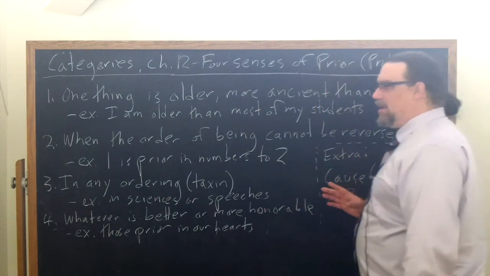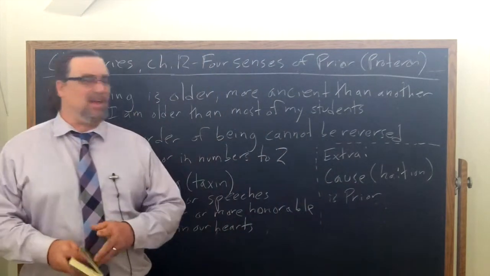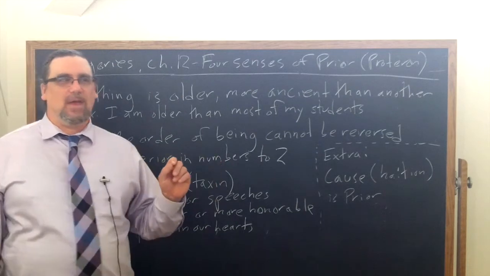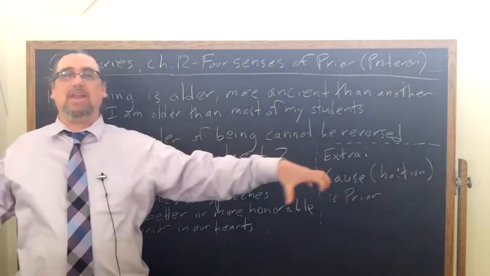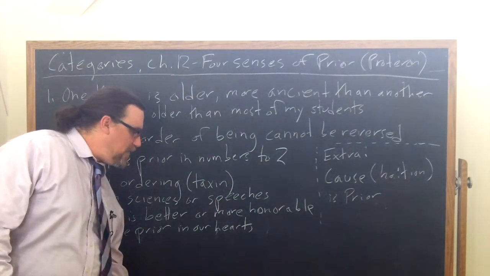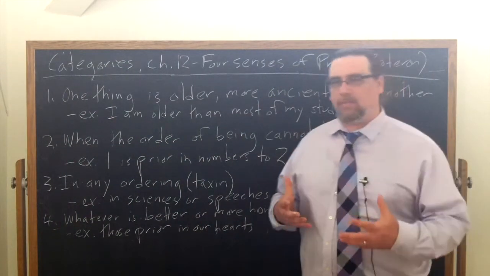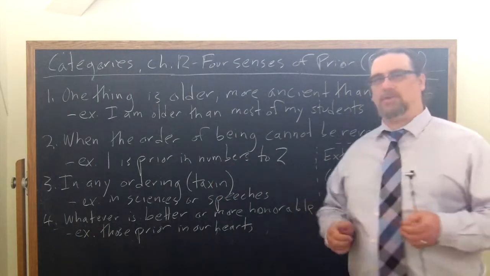And then he brings up, now we're getting a little bit looser, in any ordering, he says, in any taxis. Taxin is just the accusative form of the word taxis, which means an arrangement or ordering. And here he gives examples drawn from his own experience of sciences and speeches.